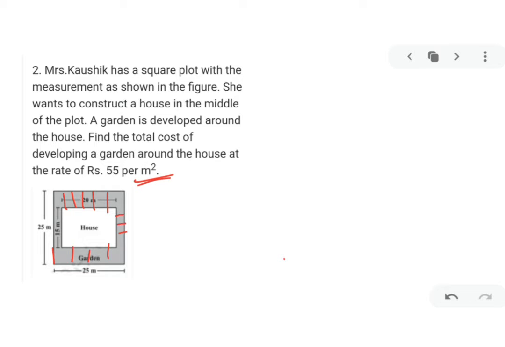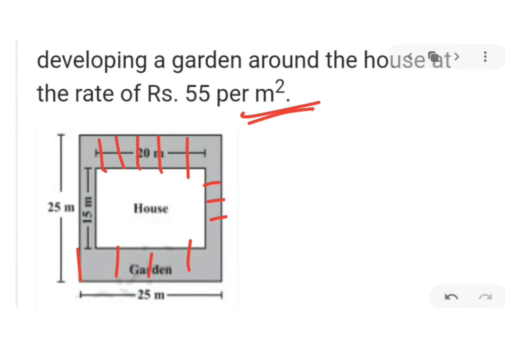But how will you get the area of the shaded part? My dear kids, if I zoom a bit, you have been given the dimensions of the outer square as well as the inner rectangle. The area of the outer one will be 25 into 25, that's a square, I'm sorry. And inside you have a rectangle, the area will be length into breadth, that is 20 into 15. Once you got the value of both these, what will you be doing?